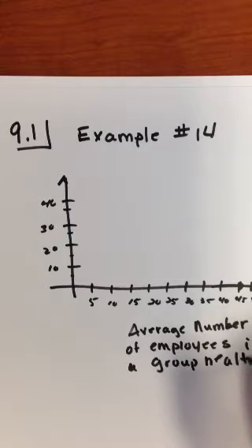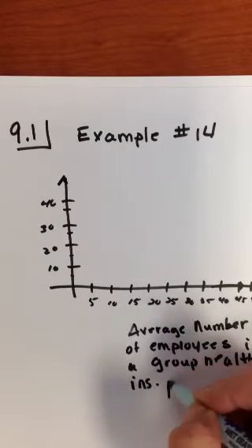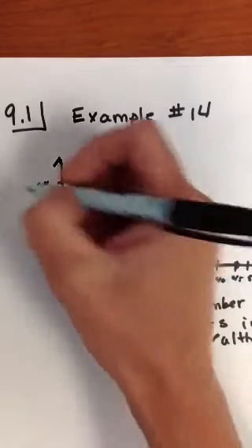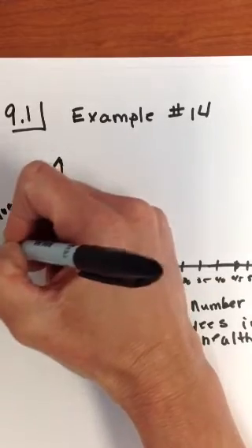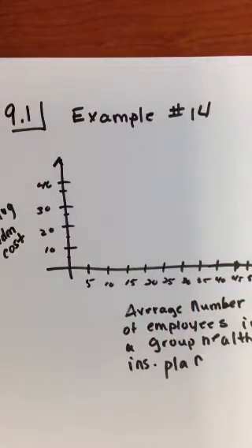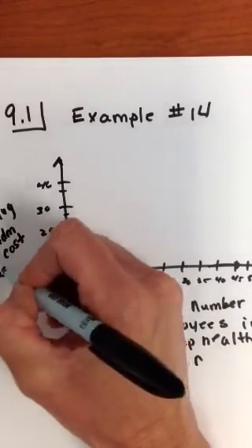So one of the most important things we have to do is label the axes. It tells us Y is the average administrative costs as a percentage of claims.